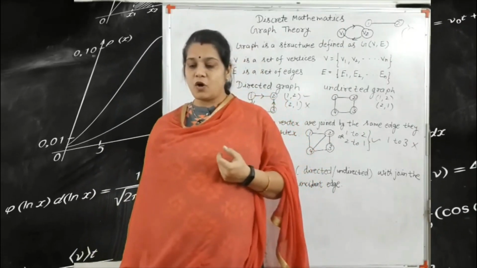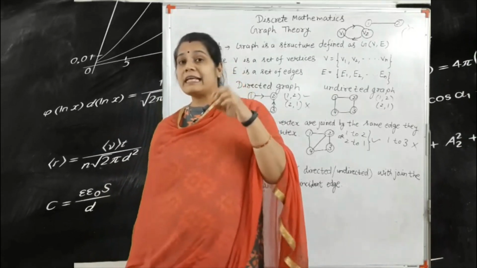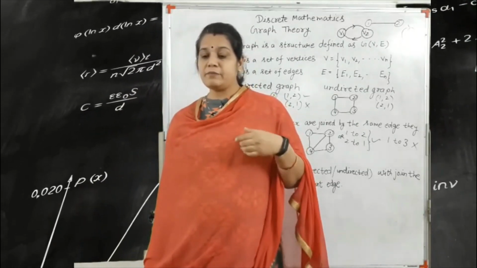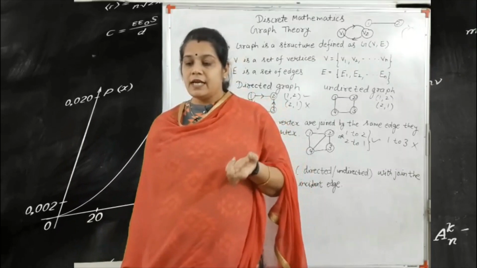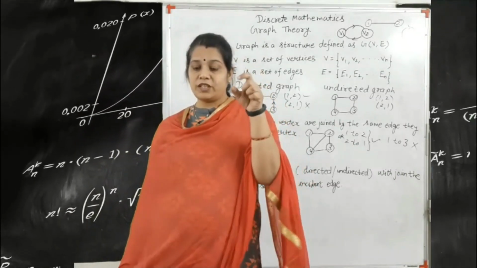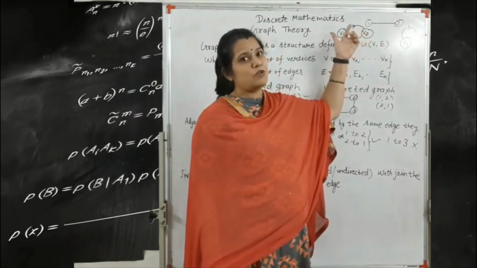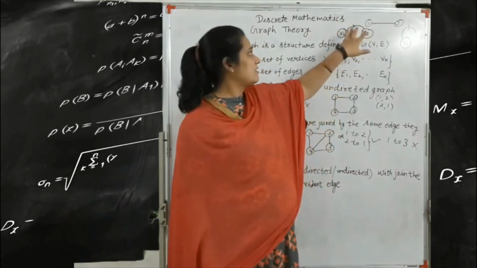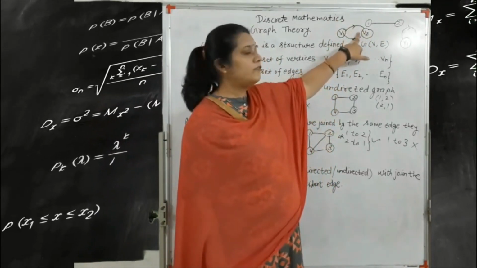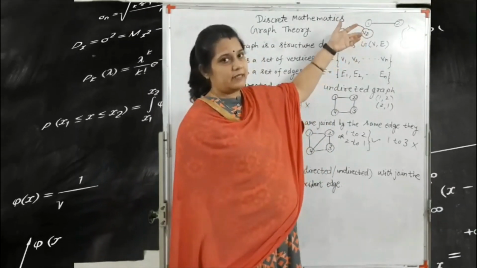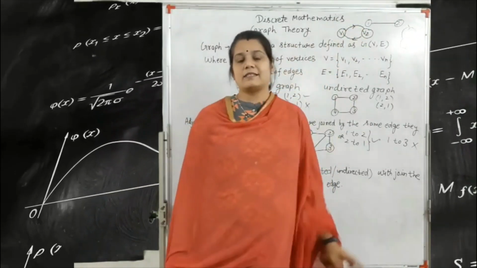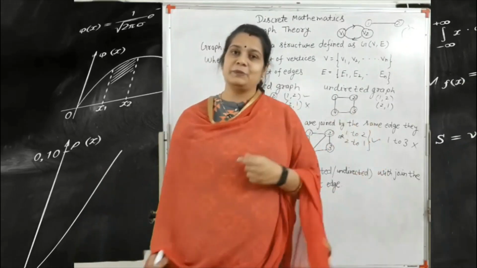That means when more than one edge is associated with a given pair of vertices, this is the parallel loop.